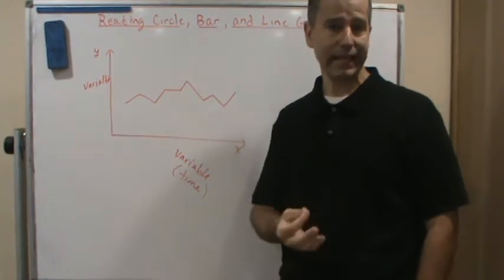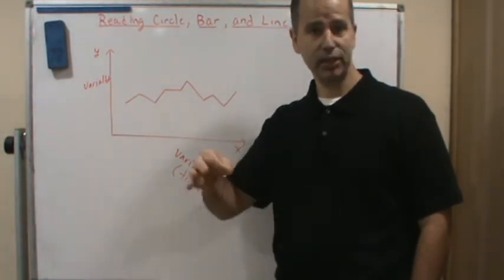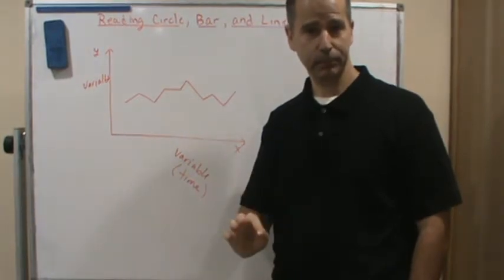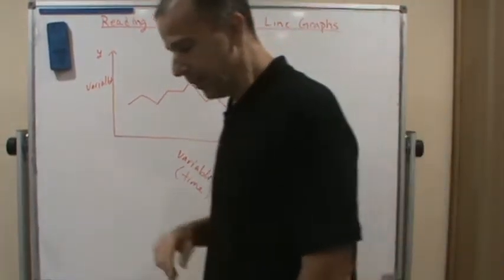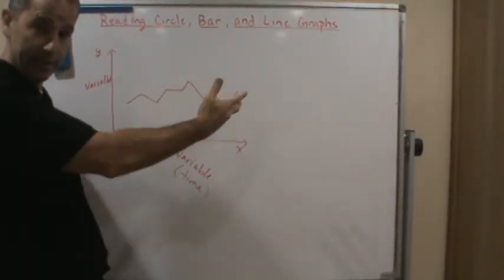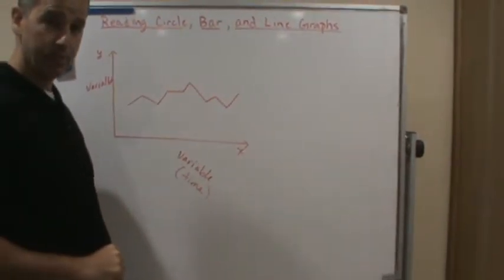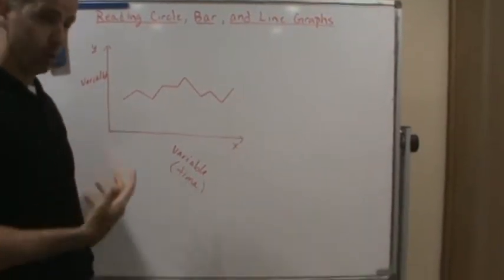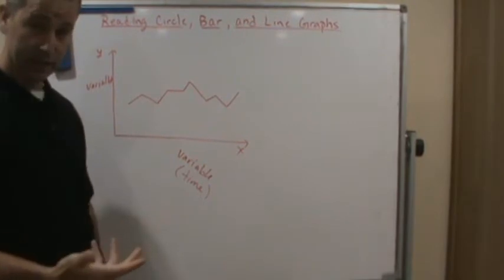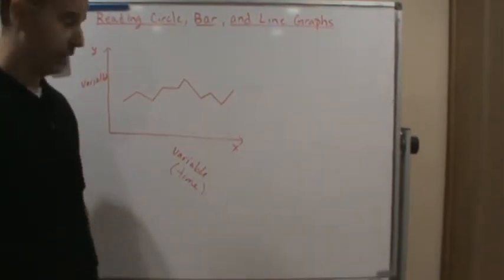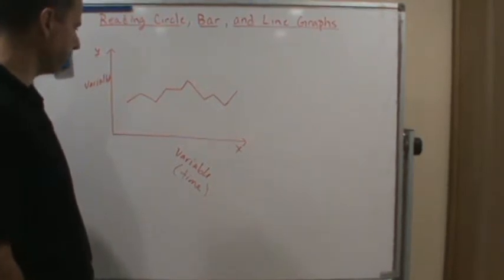Because the key is time in the market, not timing the market. Okay, but anyway, I digress. But that's one use of a line graph, right? So you can see trends in the performance of a stock or the Dow Jones Industrial Average or any kind of index fund. So again, that's one of the things that we use in finances.